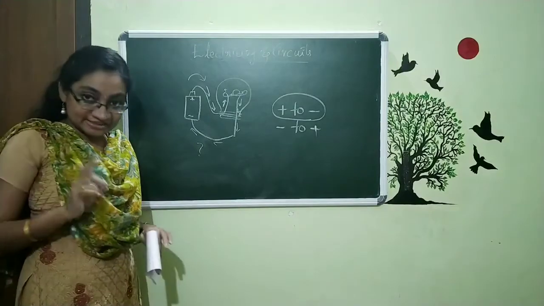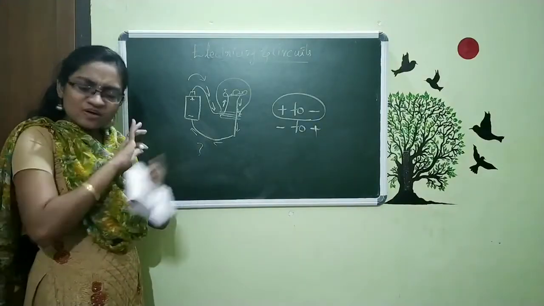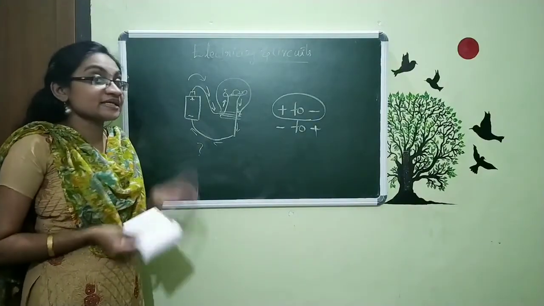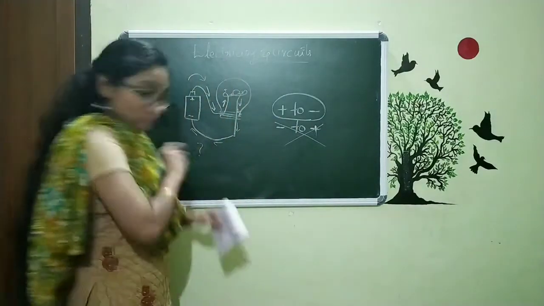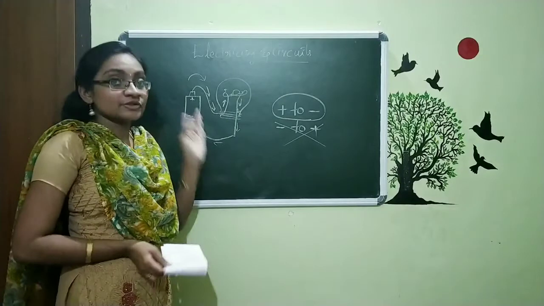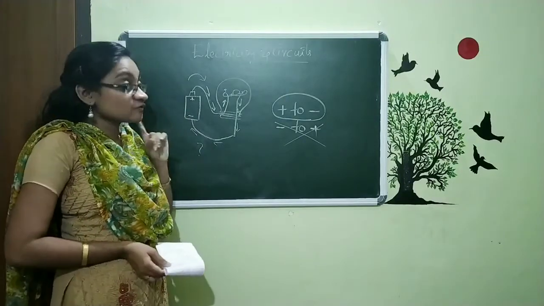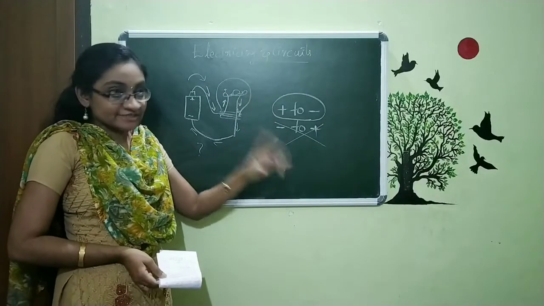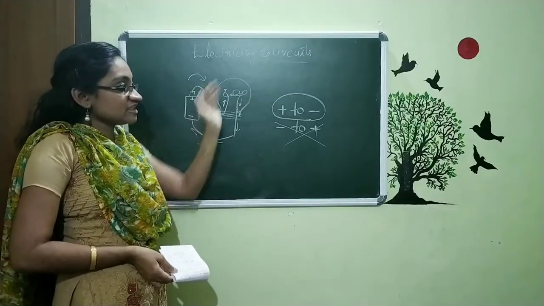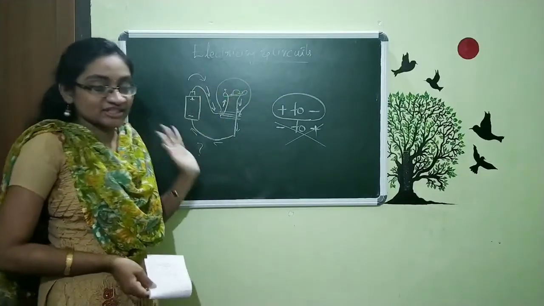So we can say the direction of current is always like that. Never will you get the direction in reverse, negative to positive. Never is it possible. So always remember the direction of electricity is positive to negative. That is the direction of electric current.